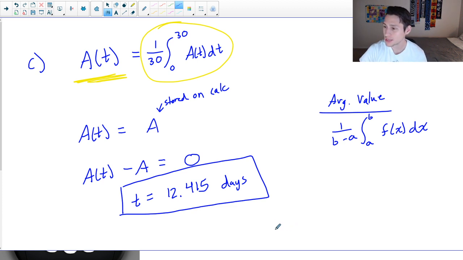So this problem, not so bad. Just have to remember the average value formula. And then if we have an equation that we want to solve, but it's some crazy equation that we don't like solving by hand, well, just remember shift. You can solve equations on your calculator. You just have to manipulate it so that it's equals 0, and then just find the x-intercept.